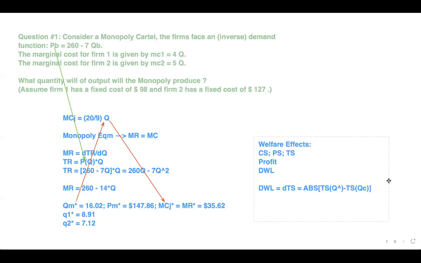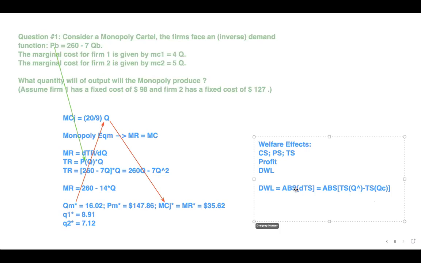If there's one thing I was going to suggest that you tuck away someplace, if you have a list of formulas that you're going to be using, it's this one for deadweight loss. And make sure you know that ABS stands for absolute value.